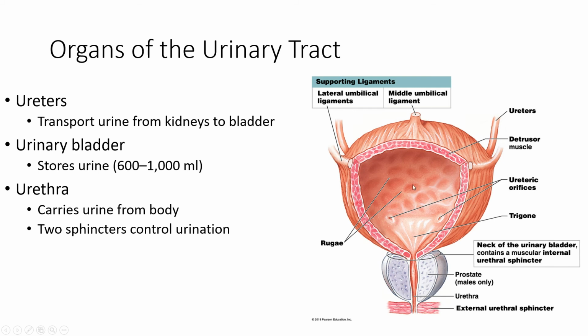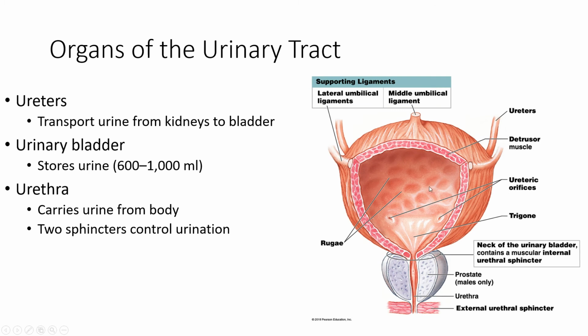Regarding the urine storage capacity of the bladder, of course, it collapses when empty. You'll see rugae inside, and when it expands and rises superiorly, it will fill significantly, and you'll have internal pressure that will stimulate the urination reflex.